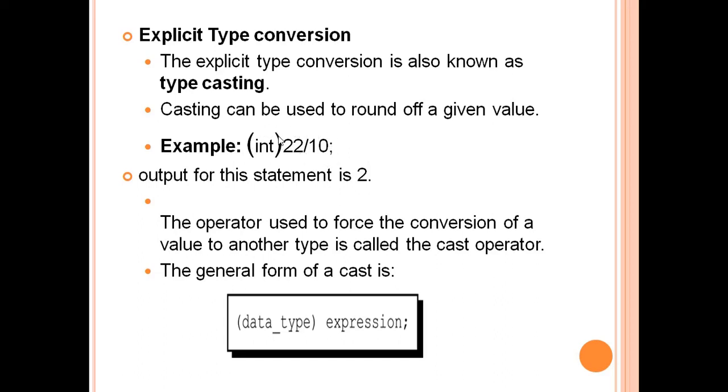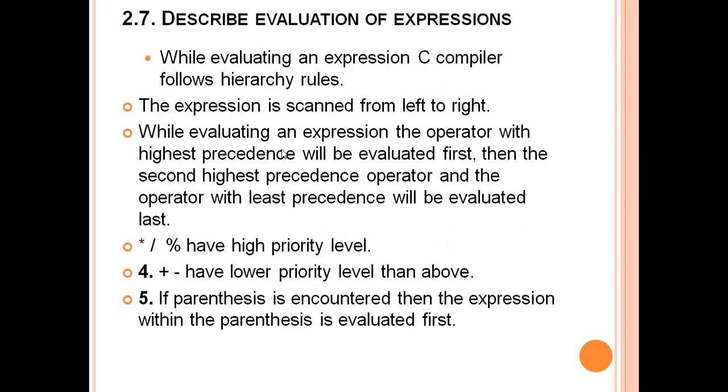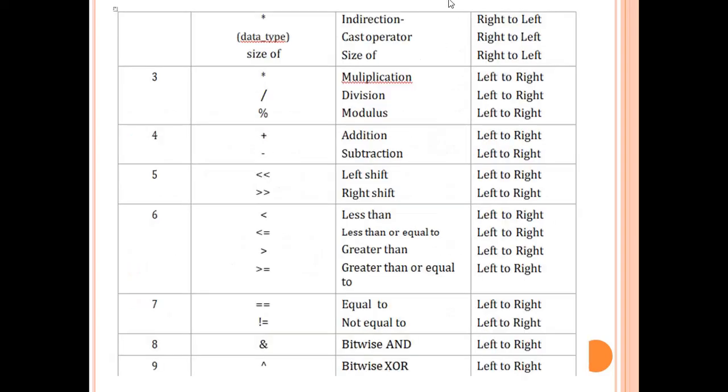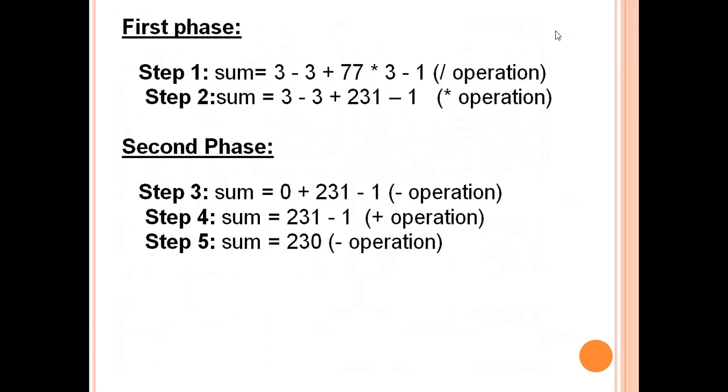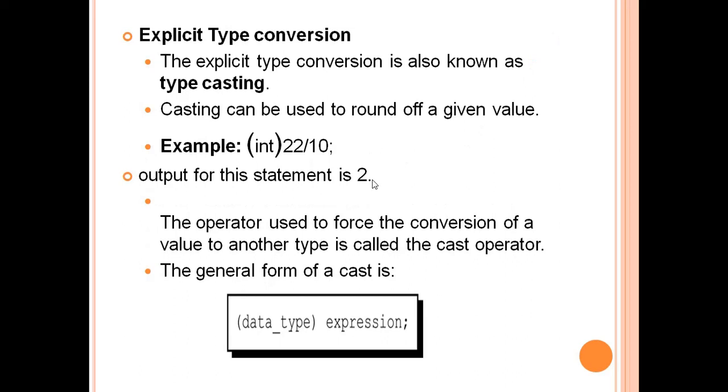Why? Because it is having the type casting. This is called the cast operator. It has associativity right to left. In this way, this is evaluated to 2.